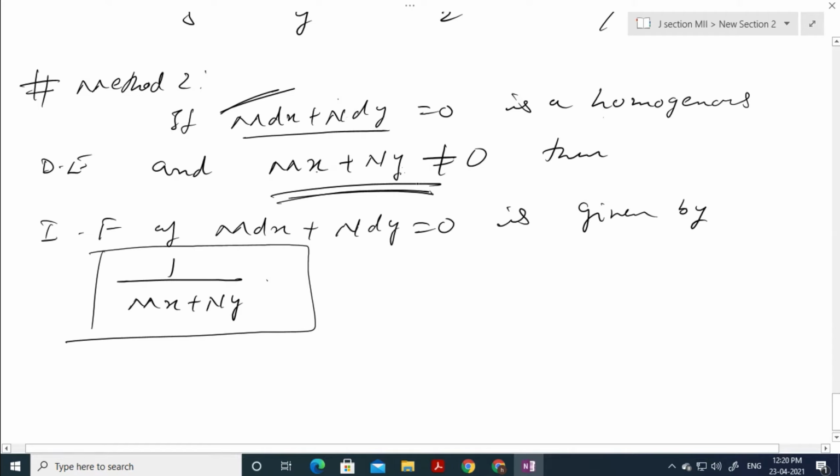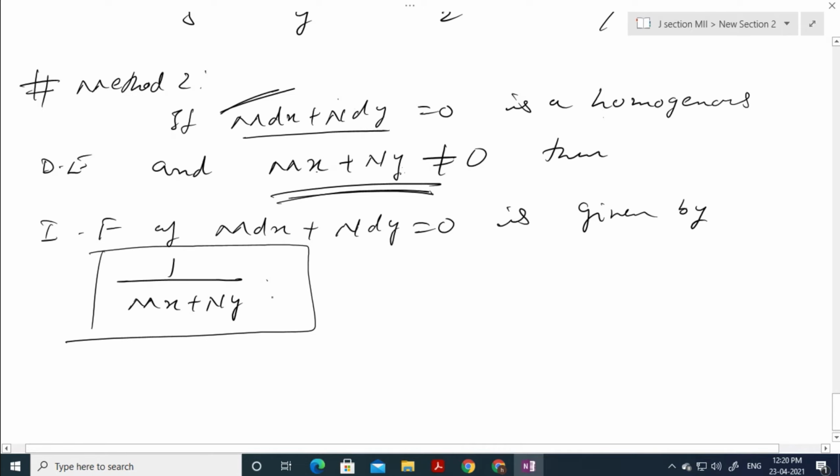Now again you check the condition for exactness. That means with new m and new n, you partially differentiate new m with respect to y and partially differentiate new n with respect to x. If the quantities are same, then whatever you have got with the multiplication of this will be an exact differential equation.